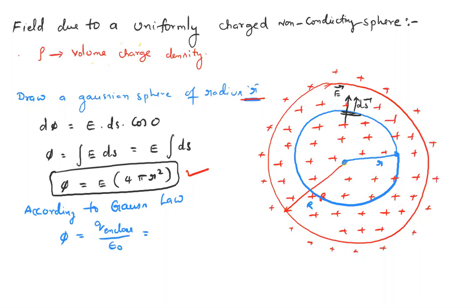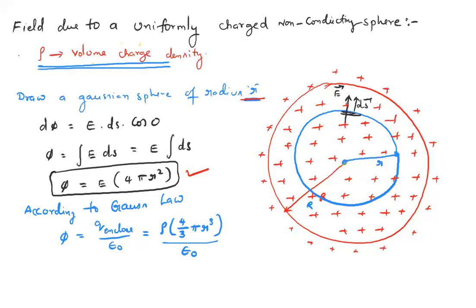Here, charge enclosed we define using volume charge density, that is charge per unit volume. That is volume charge density into volume of Gaussian sphere, that is 4 by 3 pi small r cube, divided by epsilon.